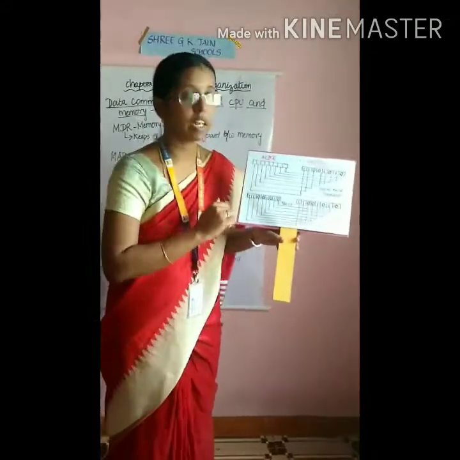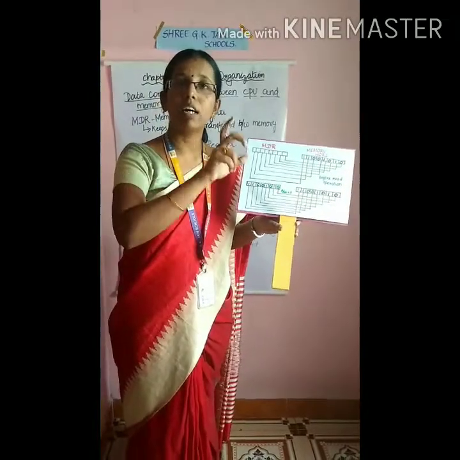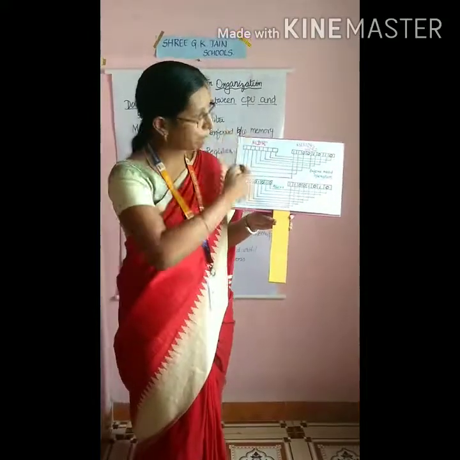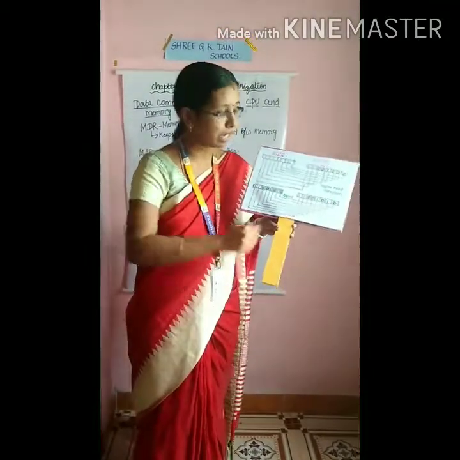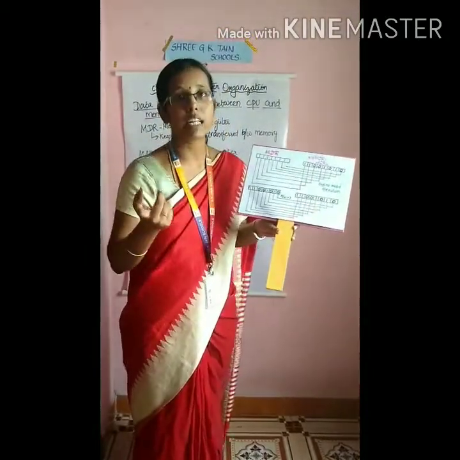So for example, if you want to perform an operation, I told you the control bus will control both the read and write operation in a single cable. It can either transfer data from MDR to memory, or it can transfer the data from memory to MDR. How is it possible? By using this 1 and 0.